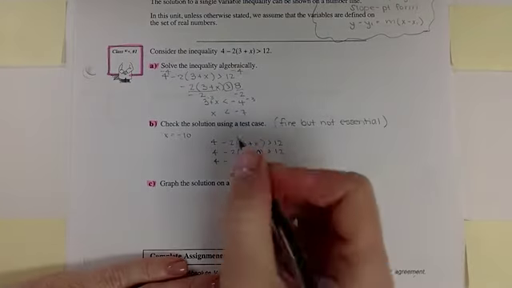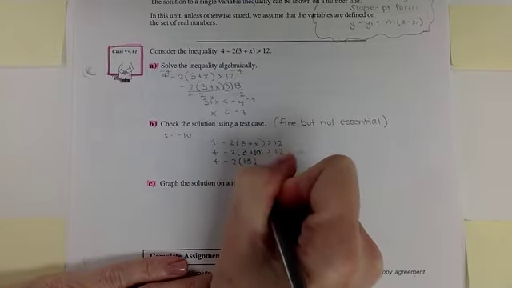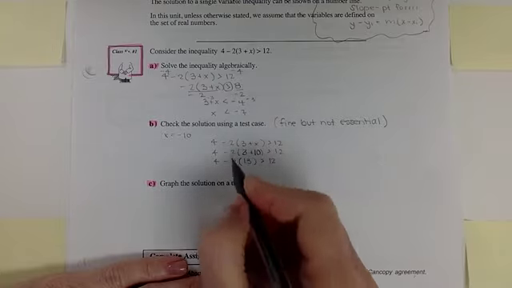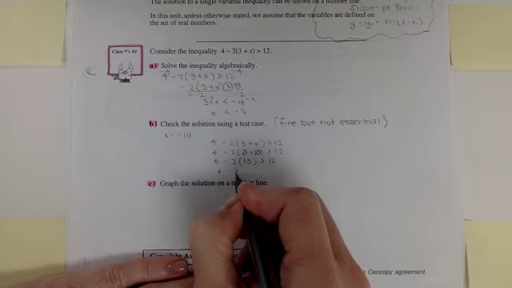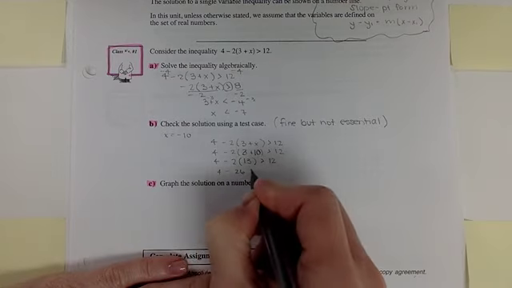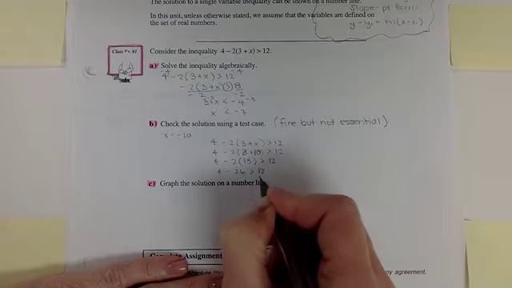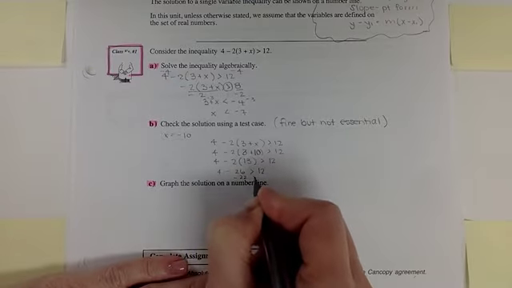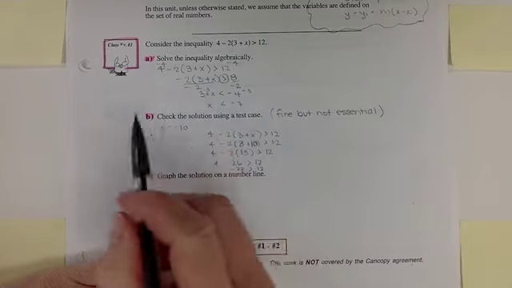Here we go. 4 minus 2 bracket 13, end of bracket is greater than 12. 4 take away 26 is greater than 12, and that'll be negative 22 is greater than 12. That's not true. Okay, what happened?